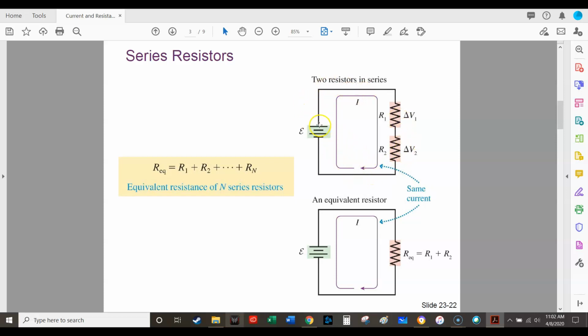The current leaves the top end of the battery, goes through resistor 1 and resistor 2, and goes back in. They're both getting the same current. If you take these two resistors and add them up, they will behave just like one resistor that is the sum of those two resistances.